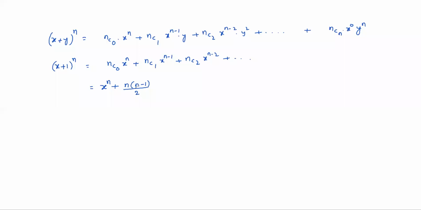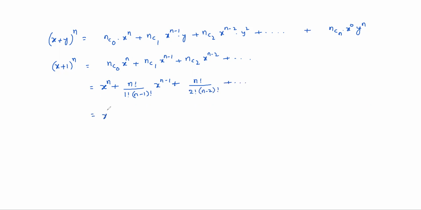What happens? nc1 means, ncr formula, n factorial by 1 factorial into n minus 1 factorial into x power n minus 1 plus n factorial by 2 factorial into n minus 2 factorial, and so on.